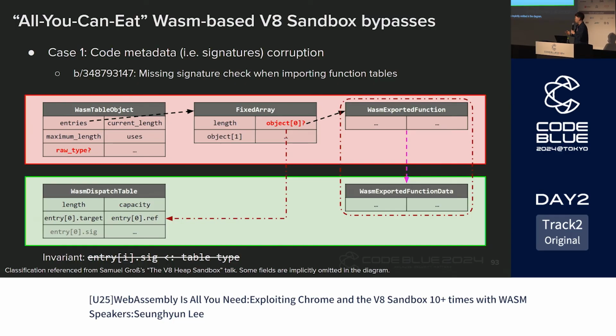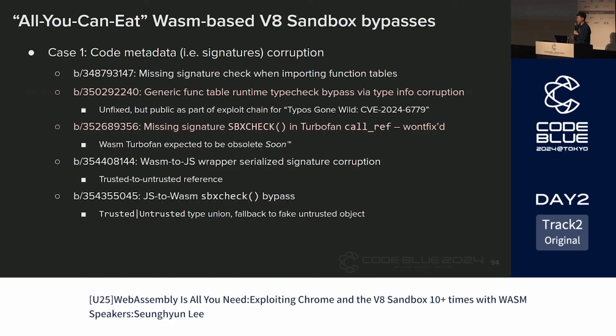Alternatively, we can keep the type, but go into the fixed array and replace one of its entries. In this way, we can write a function that has a different signature into the WASM dispatch table and cause a signature confusion. Of course, this is not the only case, and we again have a plethora of them.